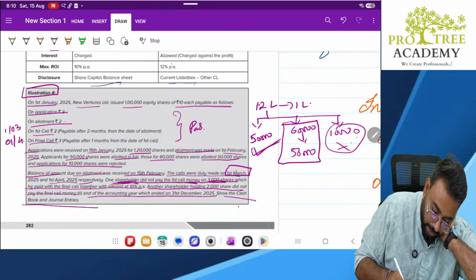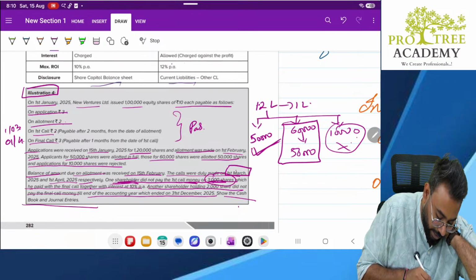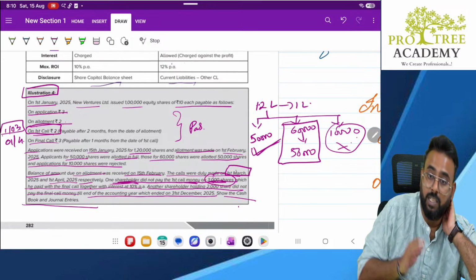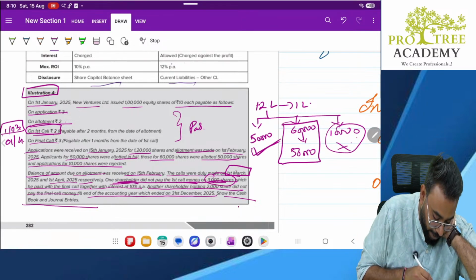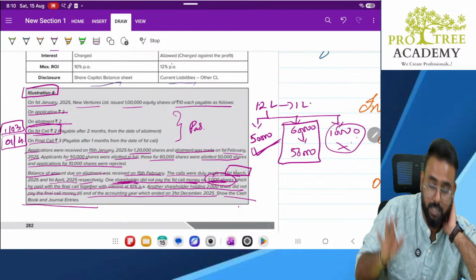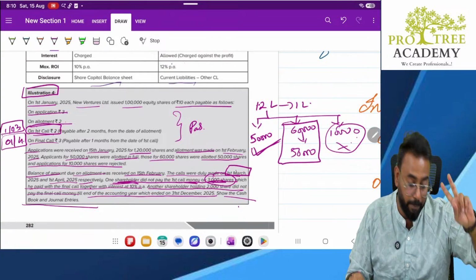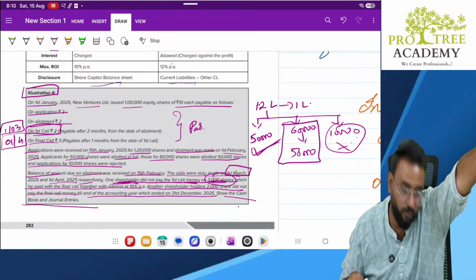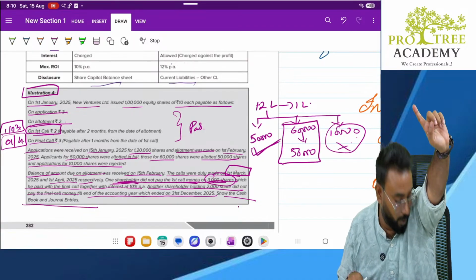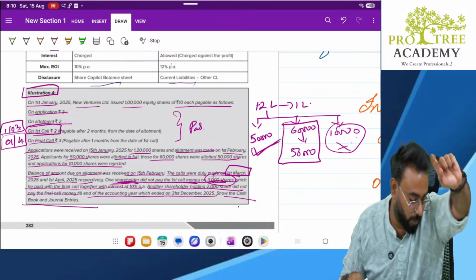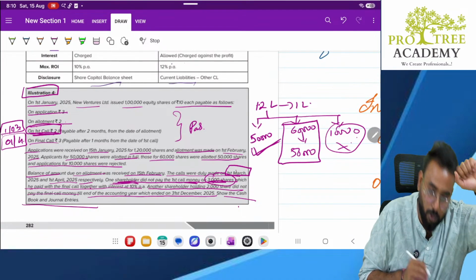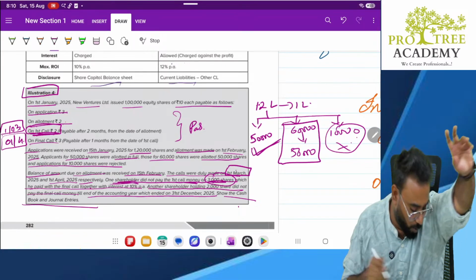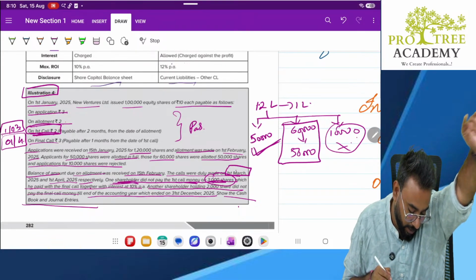On these 3,000 shares, he didn't pay the first call money on 1st March. He paid on 1st April. That means on 1st April, he paid the first call as well as the second call. That means he needs to pay interest for 1 month, on only the first call amount. The second call was anyhow due on 1st April. Correct? Okay.